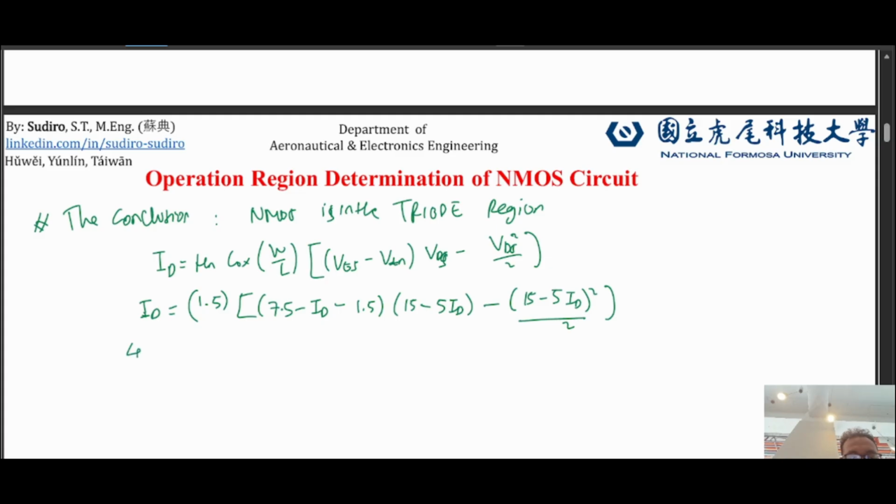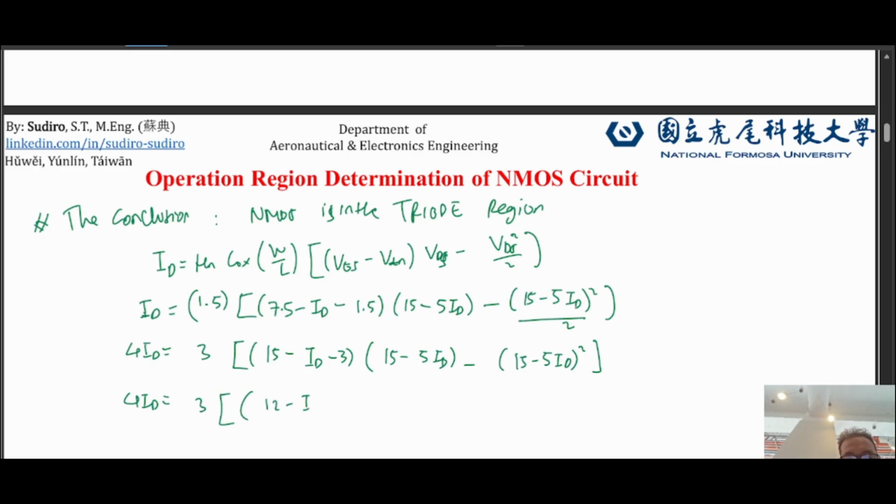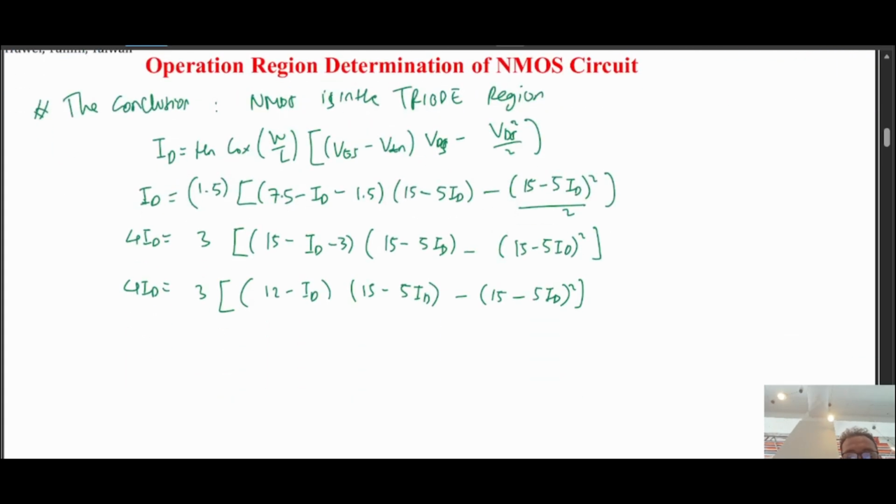We can write 4 ID is equal to 3 times (12 minus ID) times (15 minus 5 ID) minus (15 minus 5 ID) square.